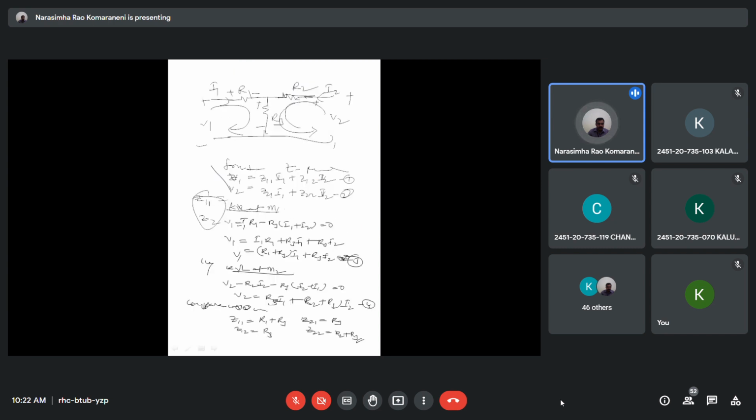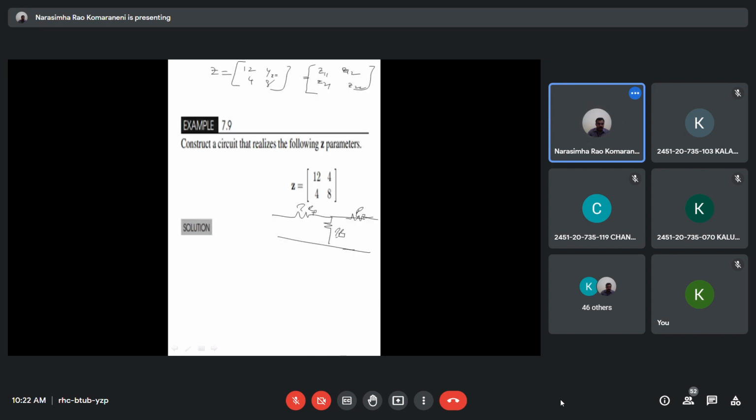We already did this here, right? We know that Z11 equal to R1 plus R3 and Z12 equal to R3, right? Okay, we know that. Can anybody read out?